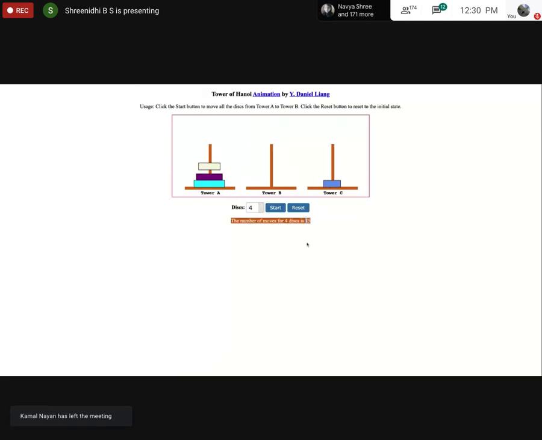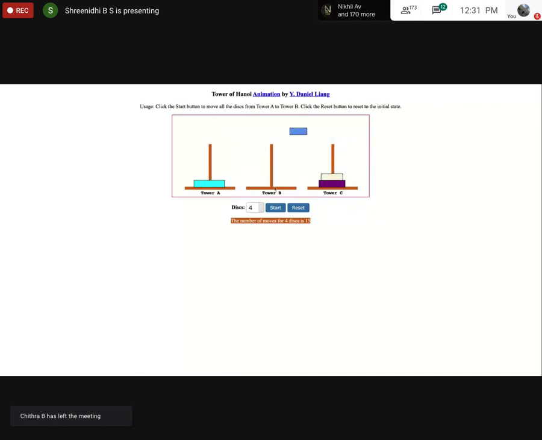See, one move. So A to C. Next, A to B. This is my temporary storage, which I have told. Tower C will be my temporary storage. This smaller one can be placed on any bigger one. But I can never place a bigger one on top of a smaller one.